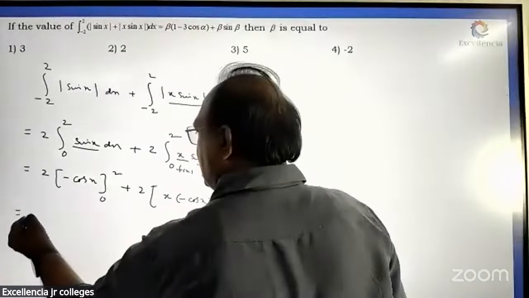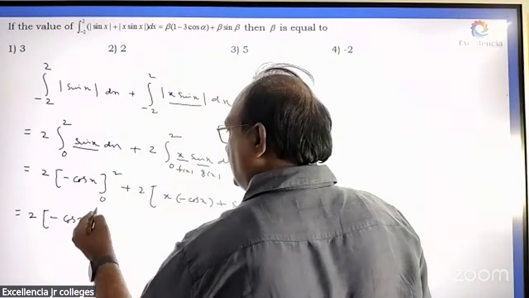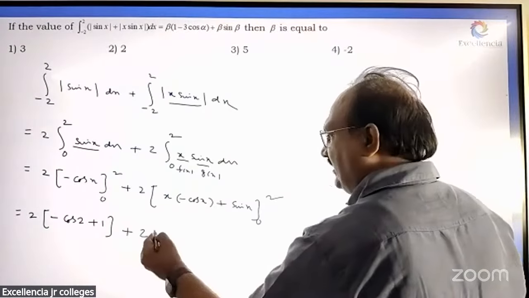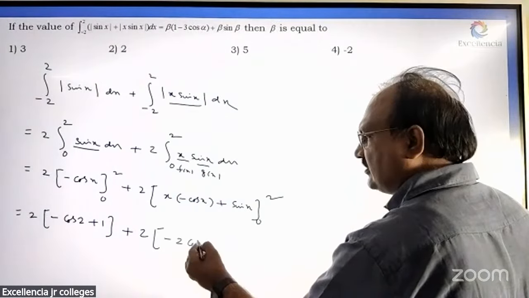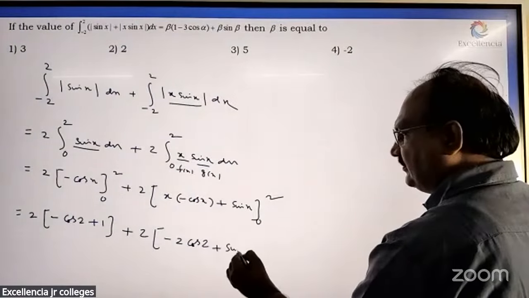Now, this is nothing but 2 into minus cos 2 minus of minus cos 0, which is 1, plus, when you write x is equal to 2, that is minus 2 cos 2 plus sin 2.